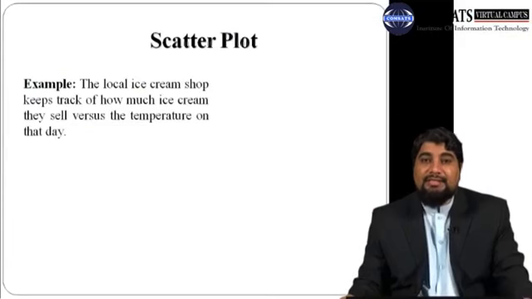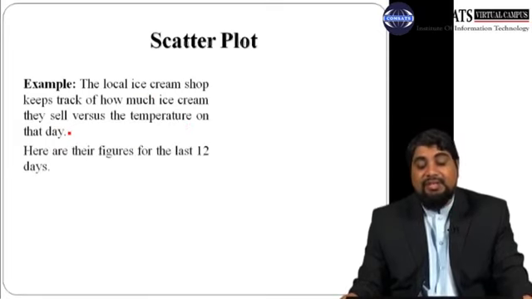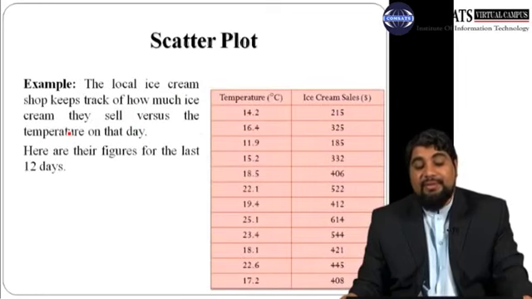Now let us discuss how we can construct a scatter plot. Let us explain it with the help of an example. The local ice cream shop keeps track of how much ice cream they sell versus the temperature on that day. Here are the figures for the last 12 days.